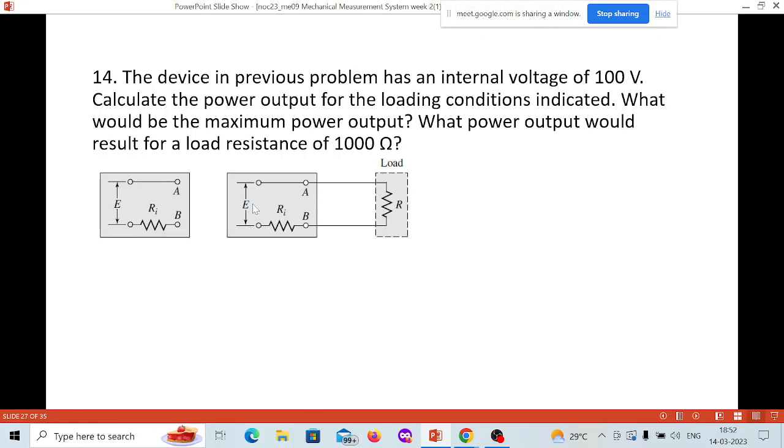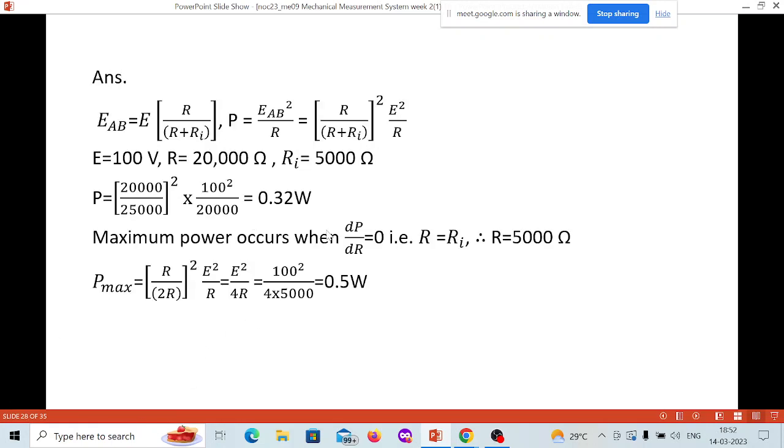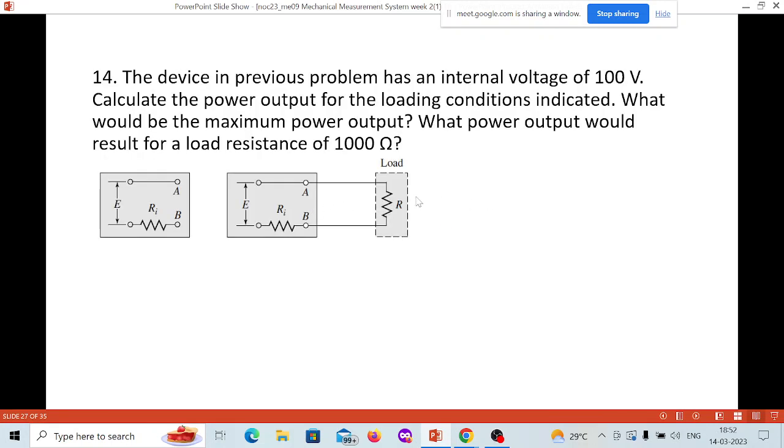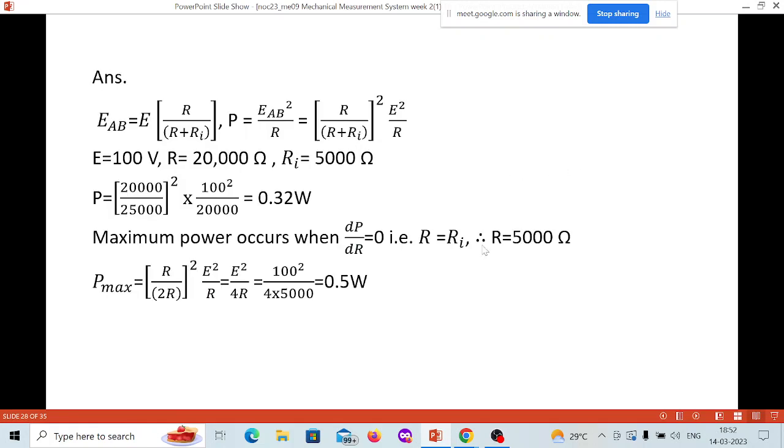The internal resistance cannot be changed, so we change the load for the maximum power which can be transmitted. So for P being a maximum and the variable being R, we differentiate the power with respect to R. When we differentiate, what we get is R equals Ri. So when both the resistances are equal, that's the case when we can have a maximum power transmission. Ri is 5,000 ohms, so R will also be 5,000 ohms.